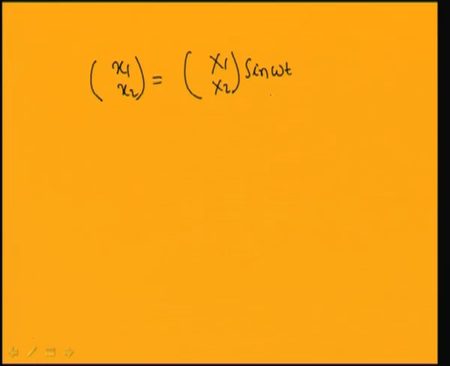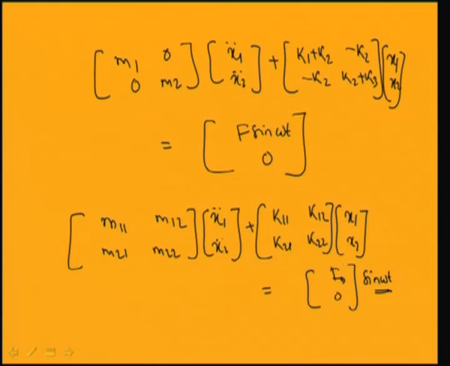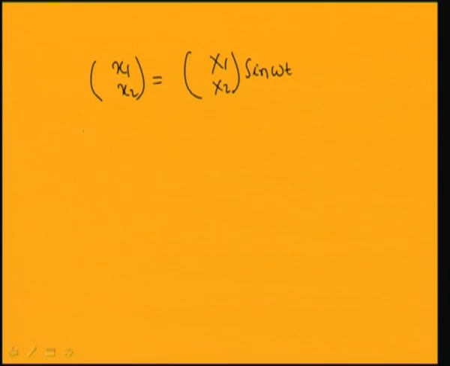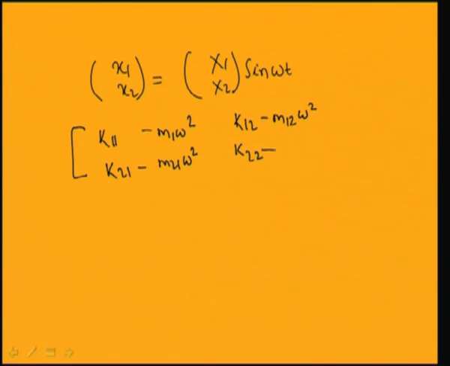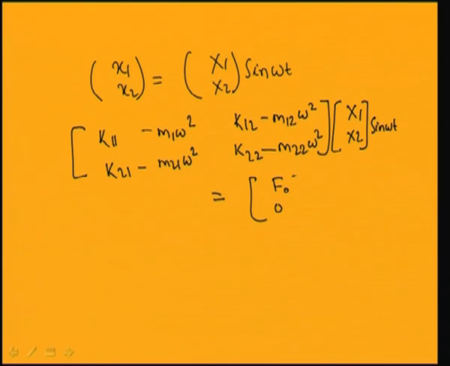If I substitute this in this equation of motion, it will reduce to this form: [k11 minus m11 omega square, k12 minus m12 omega square; k21 minus m21 omega square, k22 minus m22 omega square] times [X1; X2] sin omega t equal to [f0; 0] sin omega t.